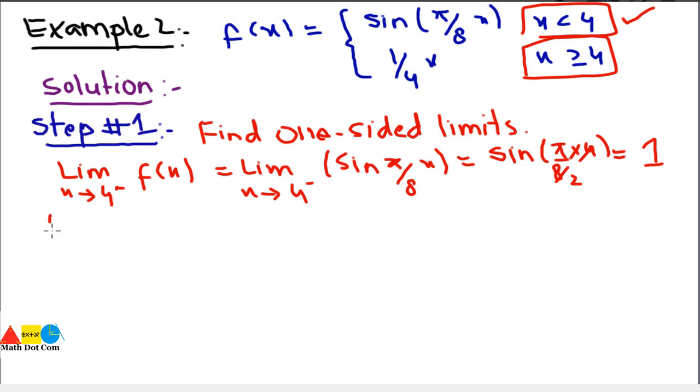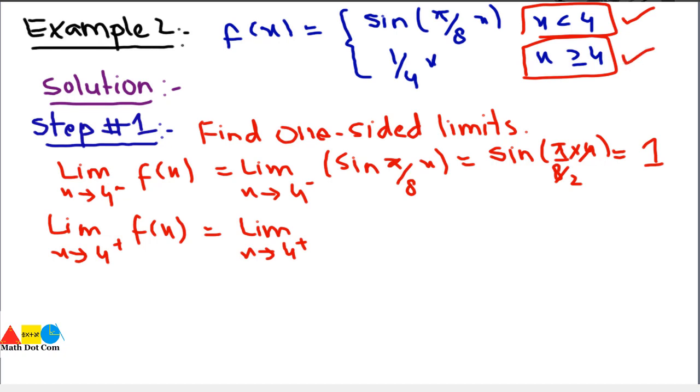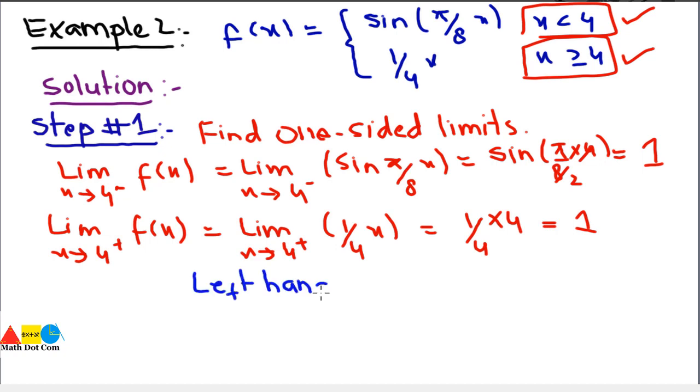Now we have to find the right hand side limit, that is limit of x approaches 4 plus of f of x. As here we have x greater than 4, we have to take this function, that is 1 divided by 4 of x. Just put the value of x as 1 by 4 into 4, we will get 1. So it is clear here that left hand limit is equal to right hand limit.